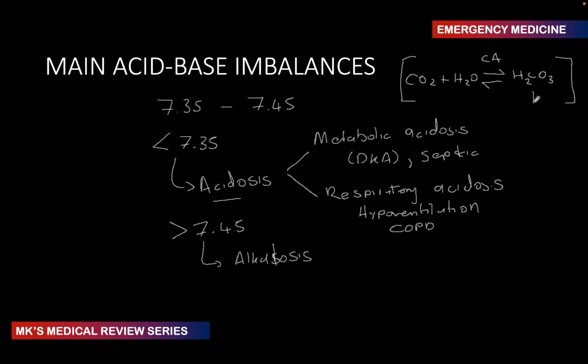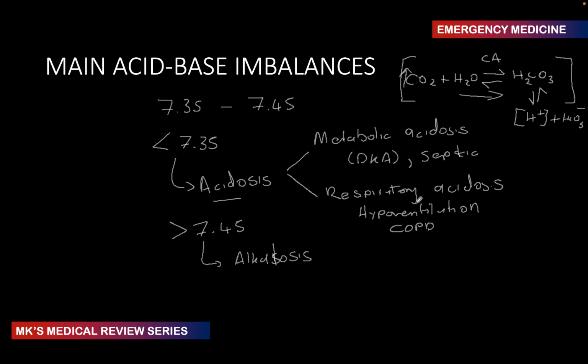This carbonic acid can further dissociate into hydrogen ions plus bicarbonate ions. Now, because you have an increased concentration of carbon dioxide, you have a lot of raw materials on this side of the reaction, so the reaction will be pushed forward. You're going to be forming a lot of carbonic acid, it's going to be breaking down into hydrogen ions, and this is what's going to be causing the respiratory acidosis.